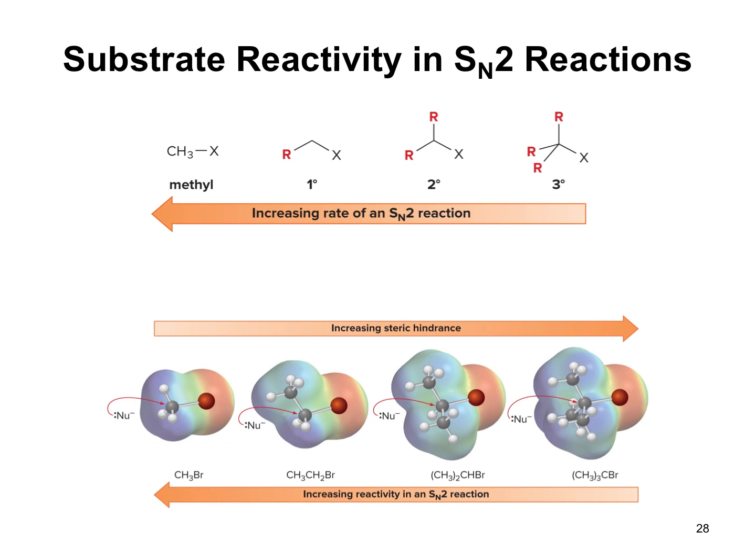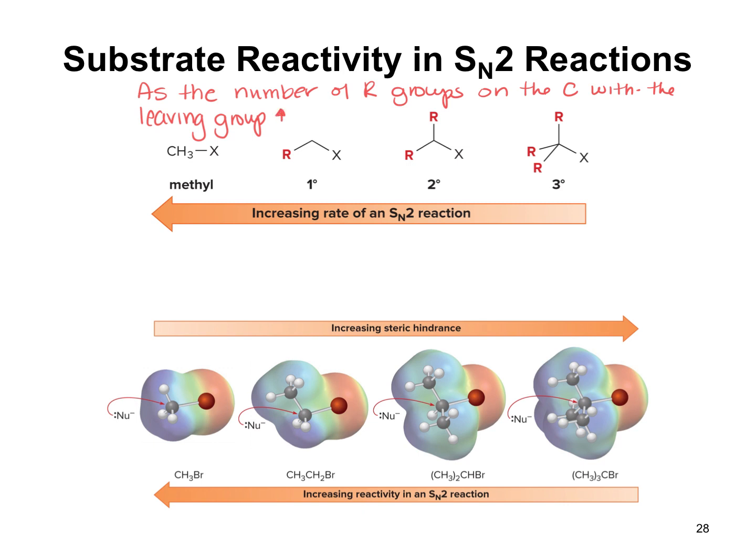When we talk about sterics, what we find is that as the number of R groups on the carbon with the leaving group increases, the rate of an SN2 reaction decreases, okay? And so what does that mean?